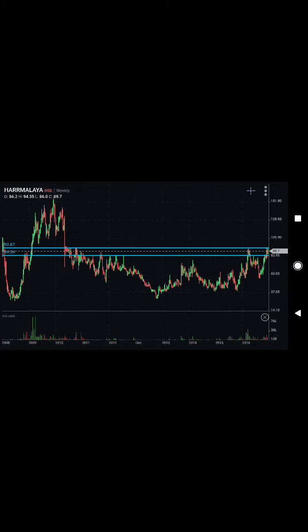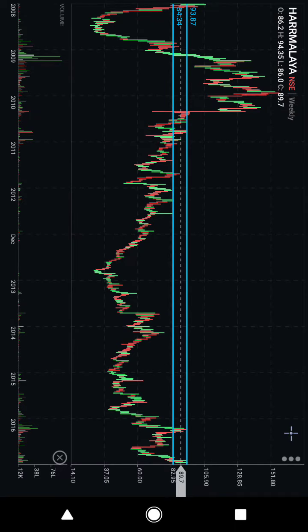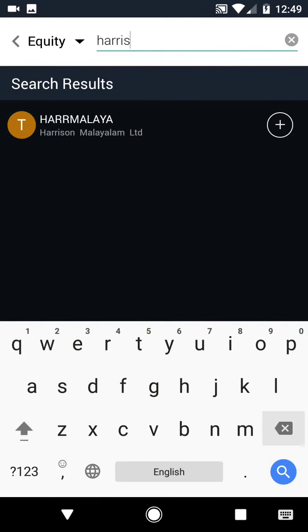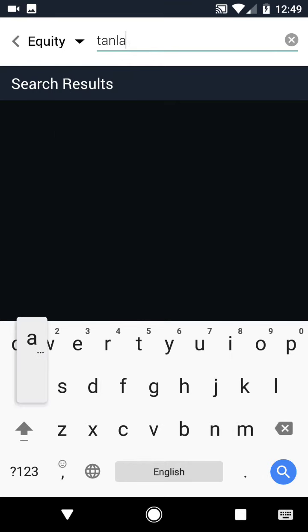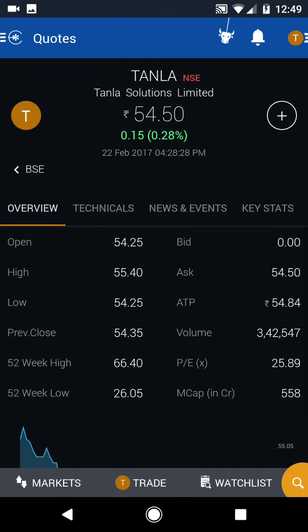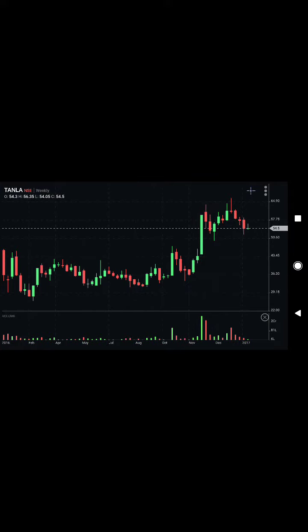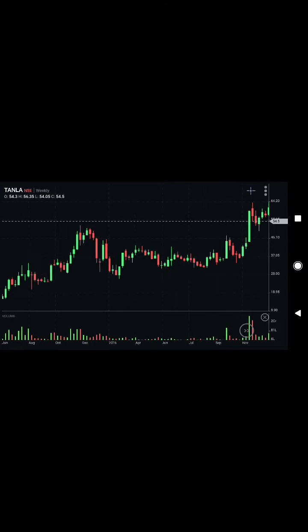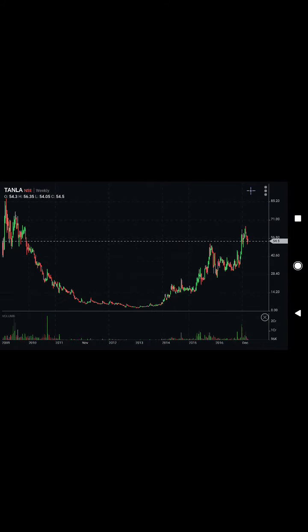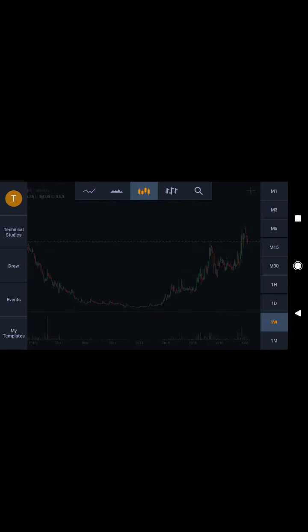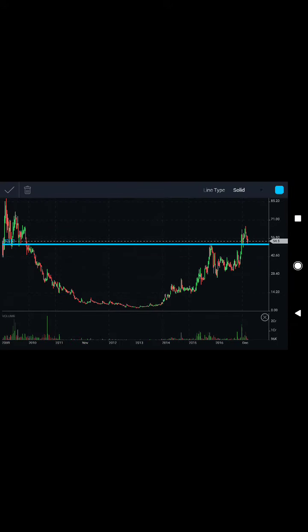So you can check out many stocks here. Tanla Solutions, another stock on the watch list. It failed last time. It didn't fail, but it did not give a move on the expected lines. It was a weekly breakout here, a flat horizontal breakout, and it did. It's still in the breakout zone, but I don't know what happened to the stock.